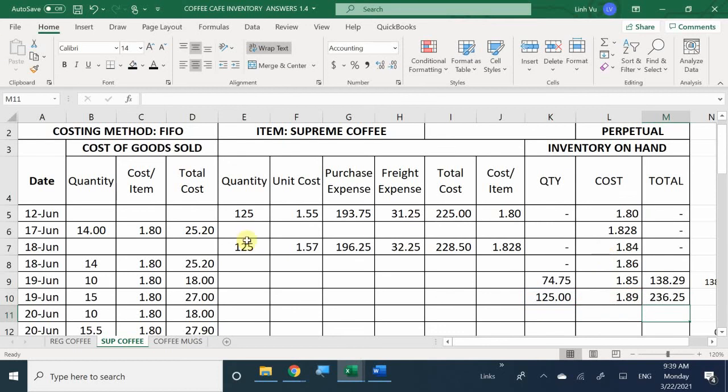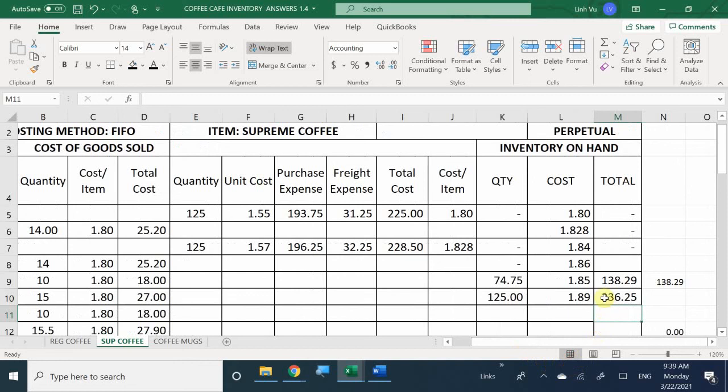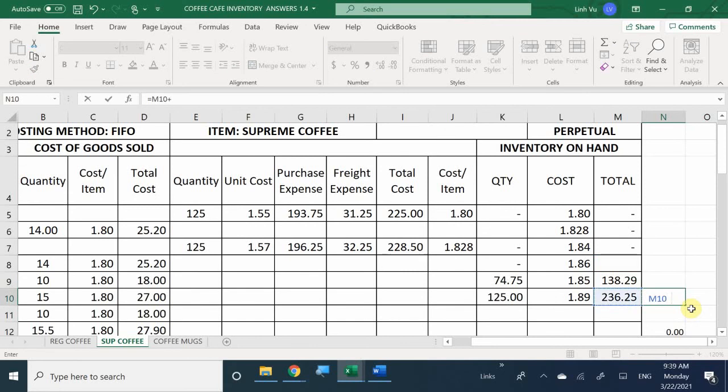And I'm going to recalculate my new grand total. There you go, $374.54.